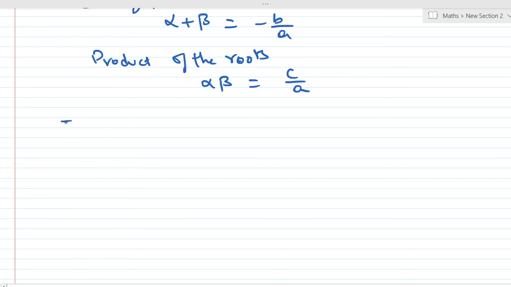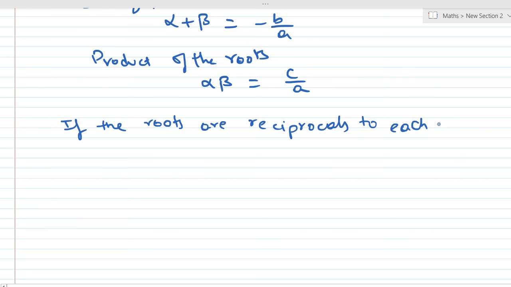If the roots are reciprocals of each other, reciprocal means if one root is a, the other root is 1 by a, like that.